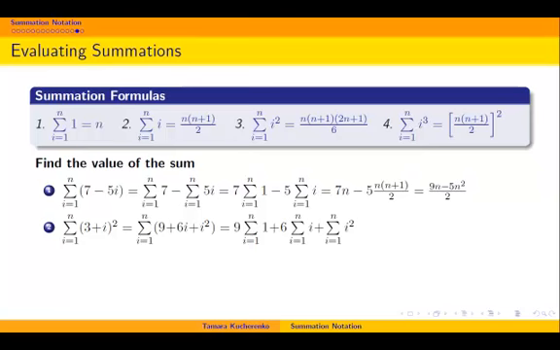Therefore, we get 9 times n plus 6 times the sum of i, which is 6 times n plus 1 over 2, plus the sum of i squared from i equals 1 to n, which is n times n plus 1 times 2n plus 1 over 6.